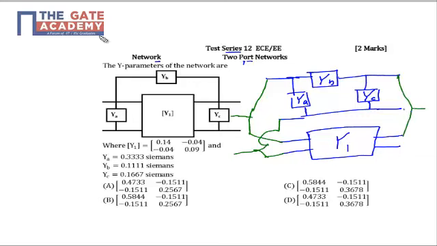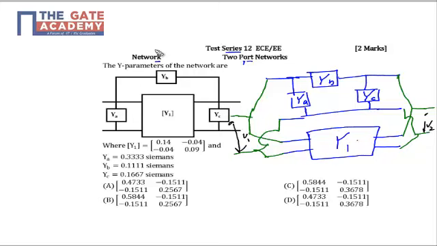These two points are connected. So this is my connection. You can see that finally this will be my input side V1 and this will be my output side V2. So this is the actual connection of this circuit, in which we have two networks connected in parallel.